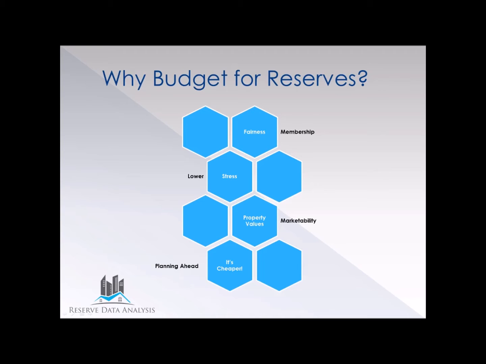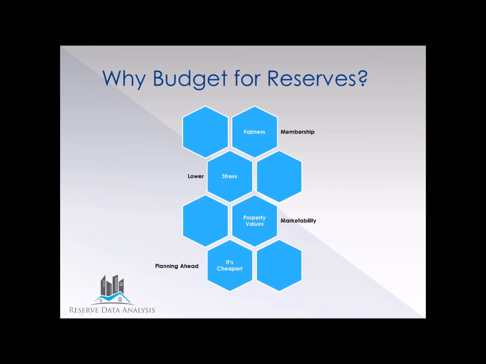And planning ahead, it's much cheaper to plan ahead and budget for these expected projects, say the roof, the siding, the paint, the windows. All these items, it's much cheaper to plan for and budget for years and years in advance. If you're having to do it last minute, you're either going to have to raise funds last minute via special assessment or a loan.